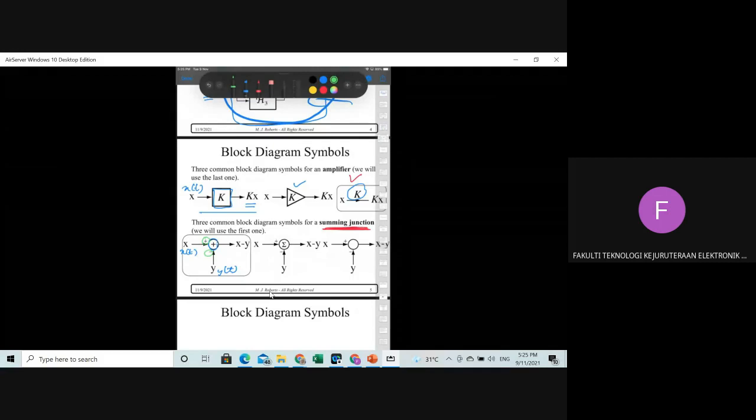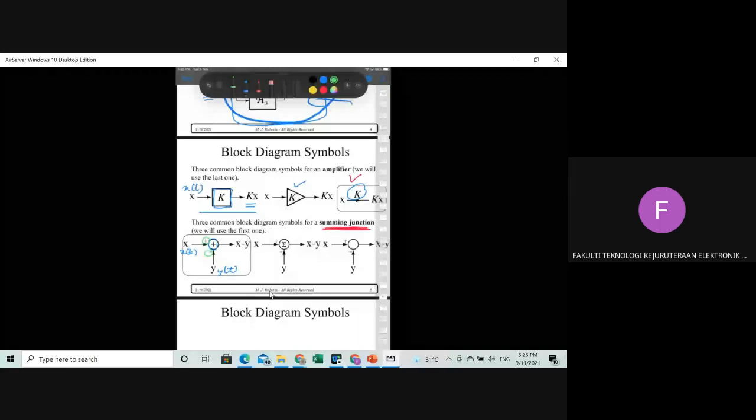The summing junction can also be drawn using the summation symbol, sum, or just a circle without anything inside it. So if you have, let's say, this one with a minus, this is the summing junction.